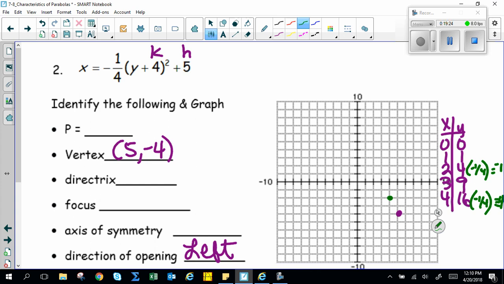Over 2 and left 1. From the vertex, I'm going to go over 4 and to the left 4. But again, if it were me, I would just turn my paper and do what I did first semester to find those points. All right, so let me connect these.